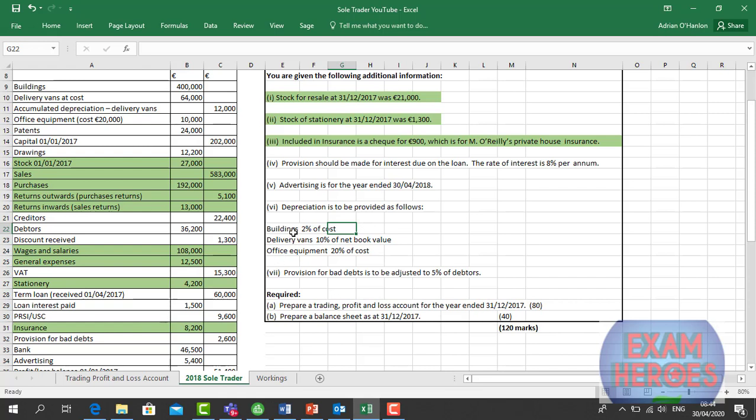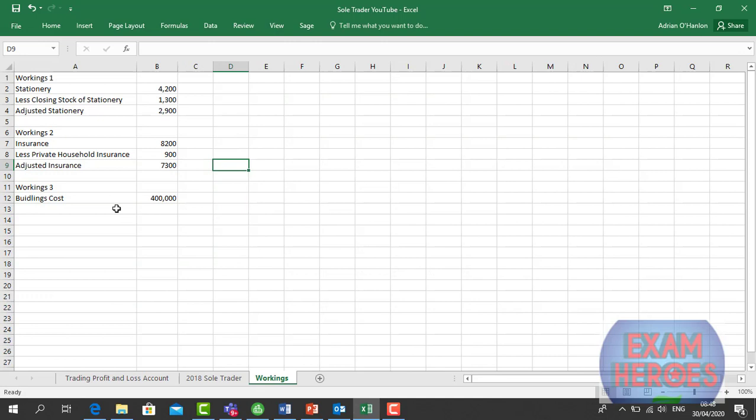Now it's saying that, okay, firstly, that's the cost of the buildings. So if I look here, we don't have accumulated depreciation on buildings. Okay, so it just says here it's just 2% of cost. So we'll just go into our costs, and we'll just get 2% of this.